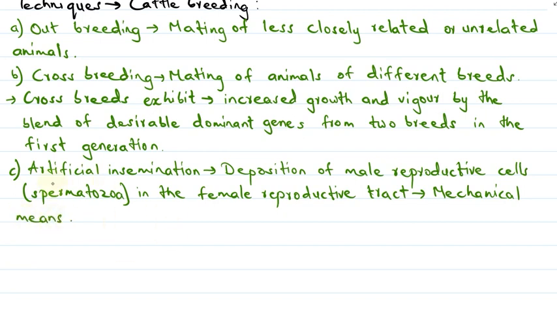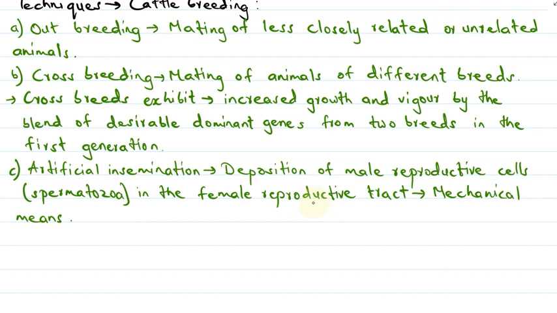Hence the name artificial. So artificially, that is mechanically, the spermatozoa is introduced inside the female reproductive tract. Okay, so this is called artificial insemination.